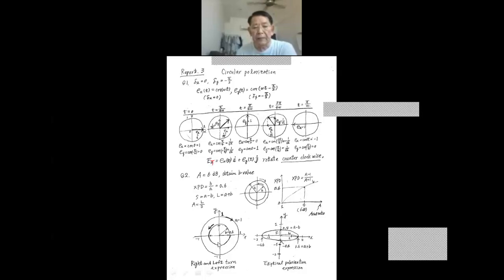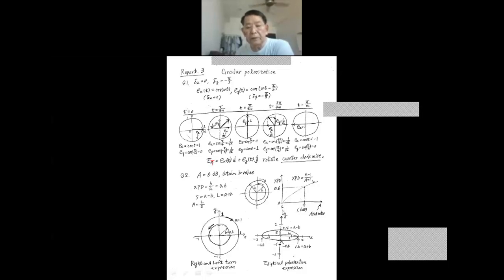To understand this relation, we examine it. A is the axial ratio. The axial ratio is the ratio of the short axis and long axis. And cross-polarized discrimination is the ratio of the right rotating and left rotating circular waves.